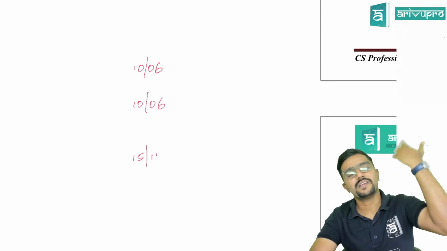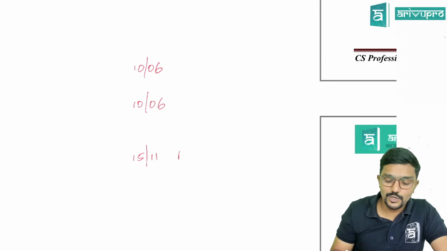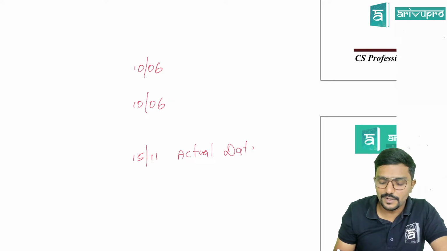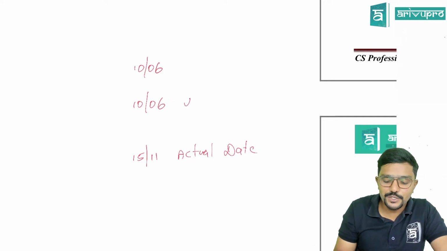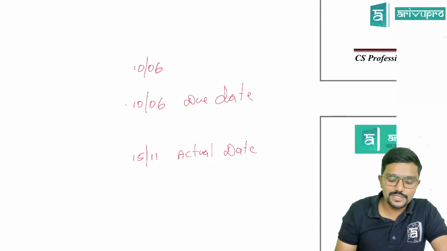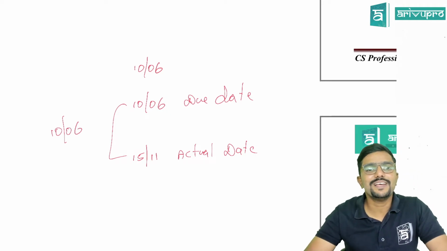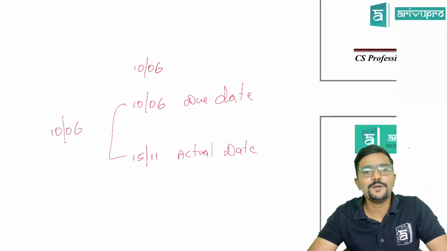I thought, okay, let me give a good amount of time. So the actual date of issue of invoice is 15th November. What is the due date to issue invoice? It is 10th June. So as per section 12 subsection 2, which is earlier? 10th June. So the supplier is liable to pay tax in the month of June.